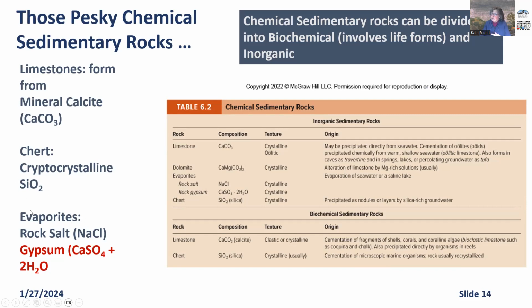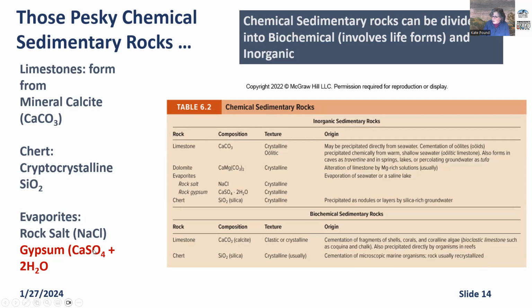And then there's a whole group of chemical sedimentary rocks that we call evaporites. These would include rock salt, that's halite. You may remember that from minerals. And then there's another mineral, gypsum. And here this is calcium, sulfur, oxygen.